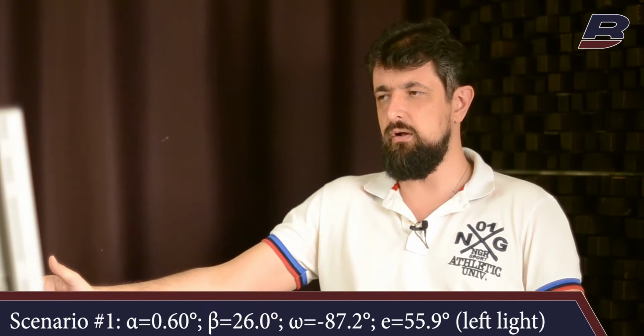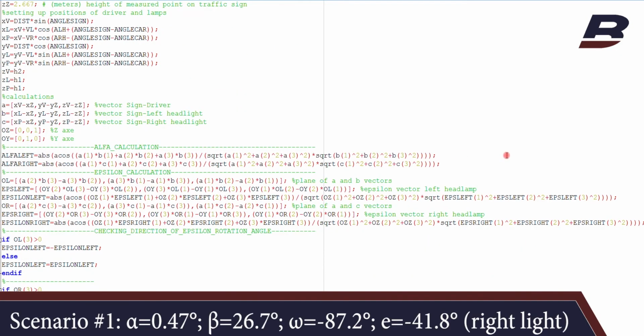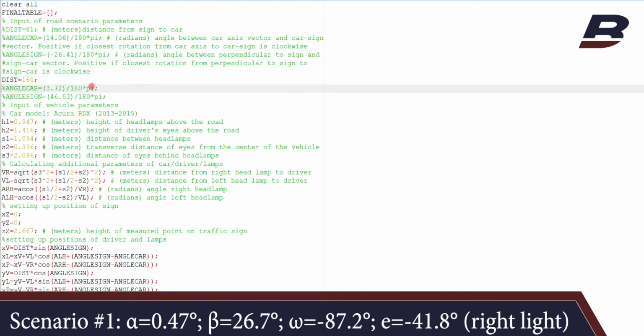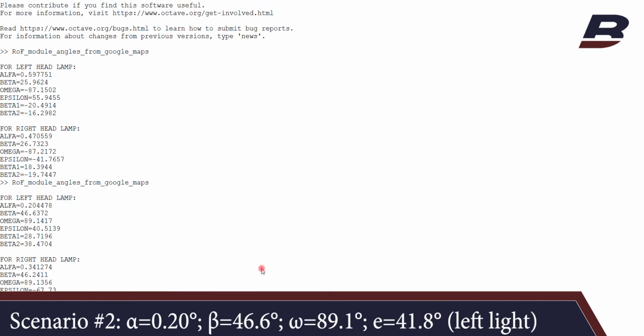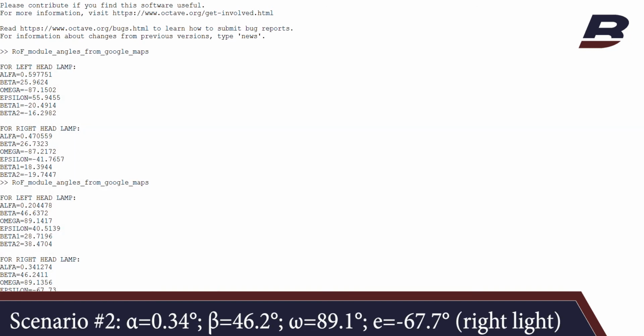Now, after we've got all distances, dimensions, relative positions, we can calculate the angles. At this stage, it would be more complicated for you to check my calculations because you'd have to understand the basics of vector algebra and be familiar with principles of retroreflection measurement. If you have any questions, leave them in comments.